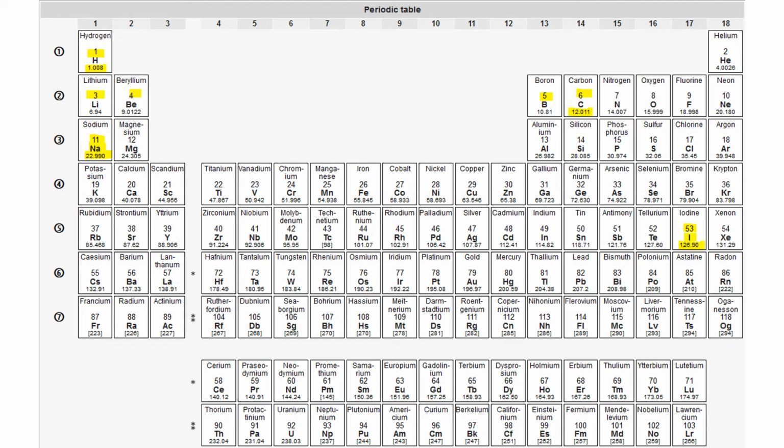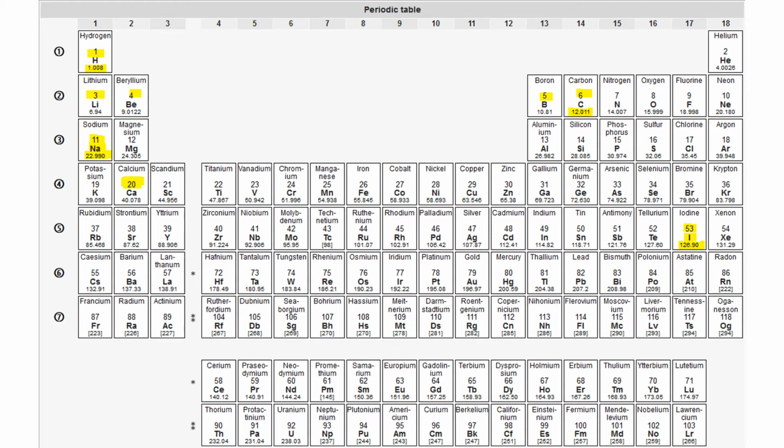Then right away, you know that we are talking about lithium, because if you look at this whole table, lithium is the only one with an atomic number of 3. If you're given an unknown element and all you know is that its atomic number is 20, then you know for sure we are talking about calcium, because calcium is the only one with an atomic number of 20.